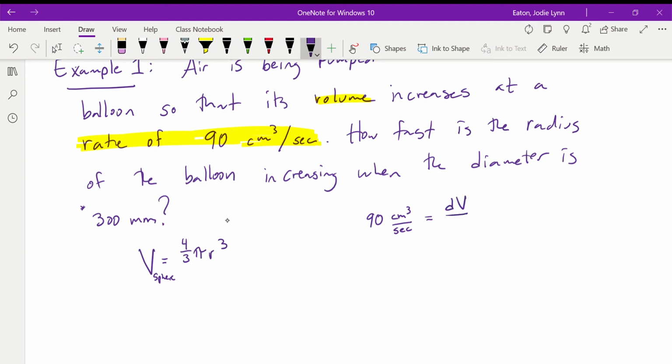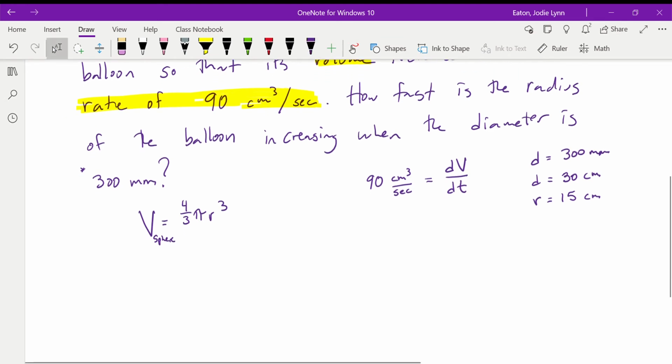So this is dV/dt, the derivative of the volume with respect to time. We also know the diameter equals 300 millimeters, which divided by 10 is 30 centimeters. We're trying to figure out how fast the radius is increasing. We don't really care how fast the diameter is increasing. So the radius is half of the diameter, which is 15 centimeters.